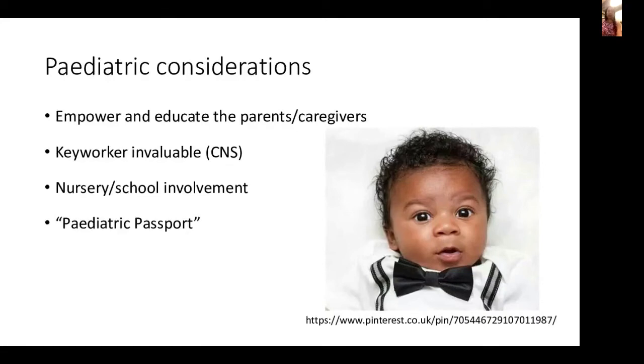Just have those discussions, and it's quite helpful if they have a paediatric passport. And what I mean by this is just a little handheld document to say I have sickle cell, and that in their local hospital allows them to bypass A&E and get seen directly. So that often works quite well.